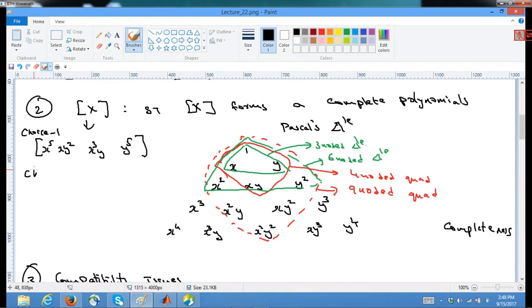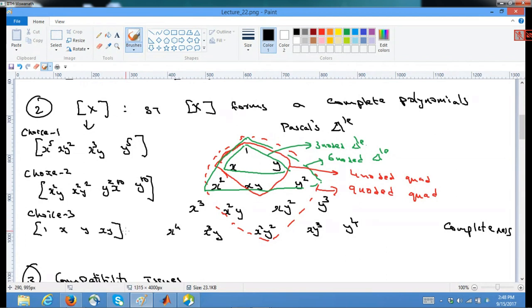Choice 2 is x square y, x square y square, y square x to the power of 10, y to the power of 10, or choice 3 is 1, x, y, x y.